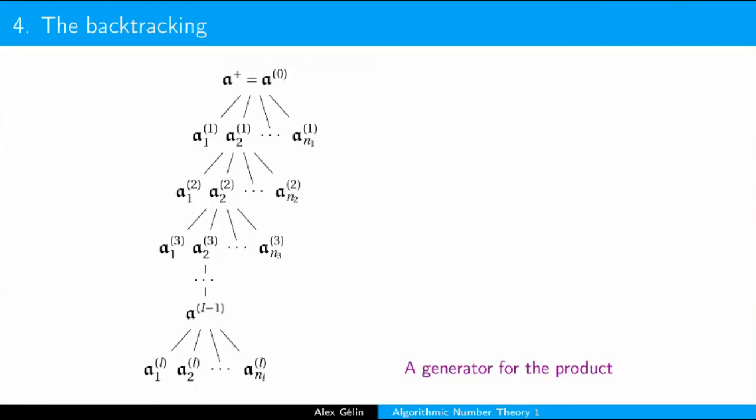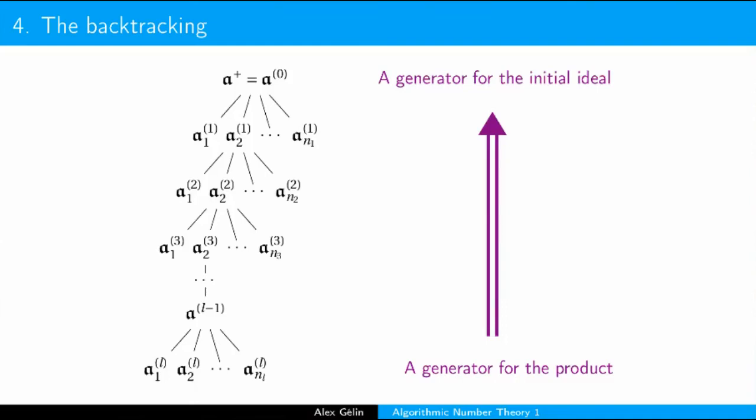But as we keep in memory all the intermediate calculations for the descent, we can backtrack it, and then we get a generator for the initial ideal, and the problem is solved.